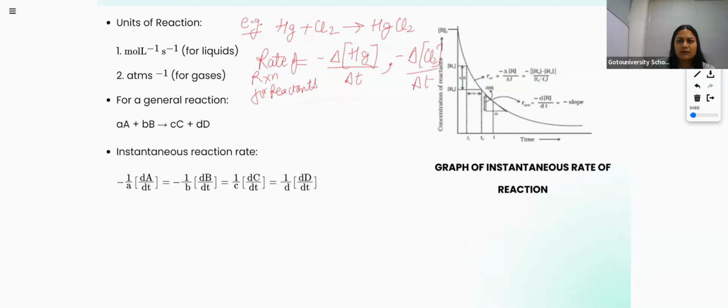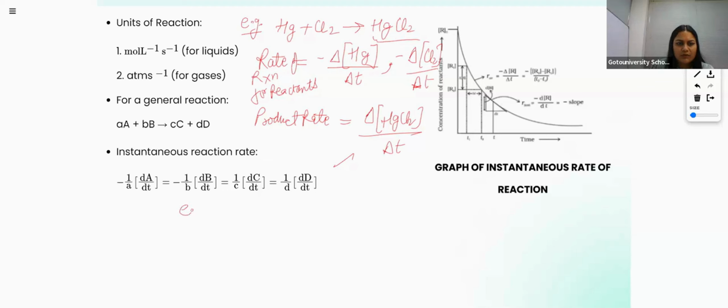And for the product side, it will be delta HgCl2 by delta t. Understood till here?